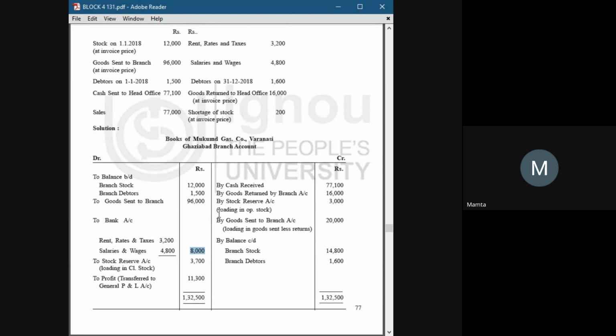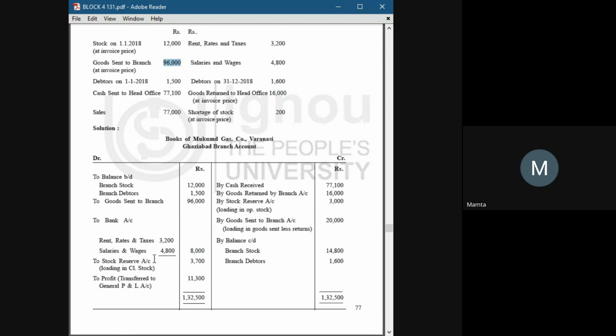The stock reserve account. We have the total stock of 12,000, and the stock we have sent to the head office is 16,000. Stock we received during the year, meaning the goods we received during the year, is 96,000.